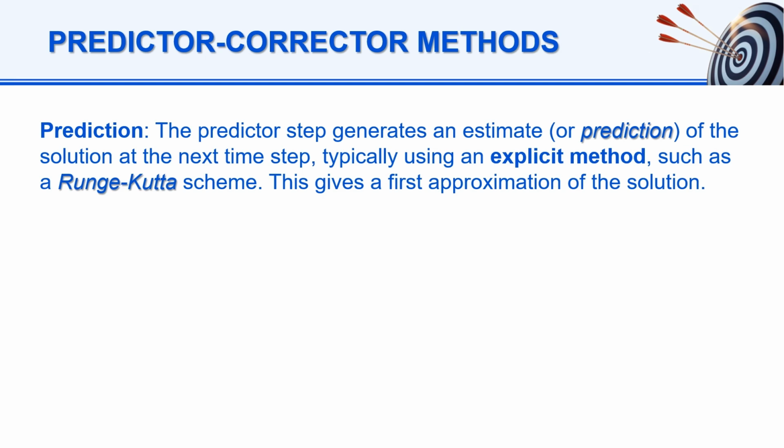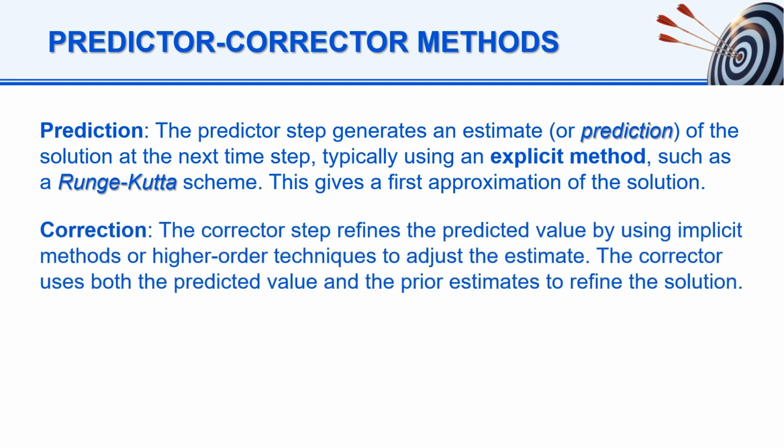Prediction. The predictor step generates an estimate or prediction of the solution at the next time step, typically using an explicit method, such as a Runge-Kutta scheme. This gives a first approximation of the solution. Correction. The corrector step refines the predicted value by using implicit methods or higher-order techniques to adjust the estimate.